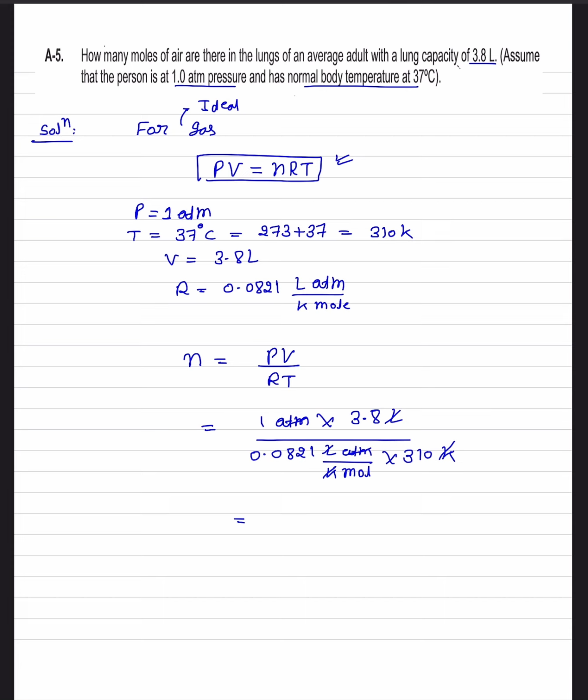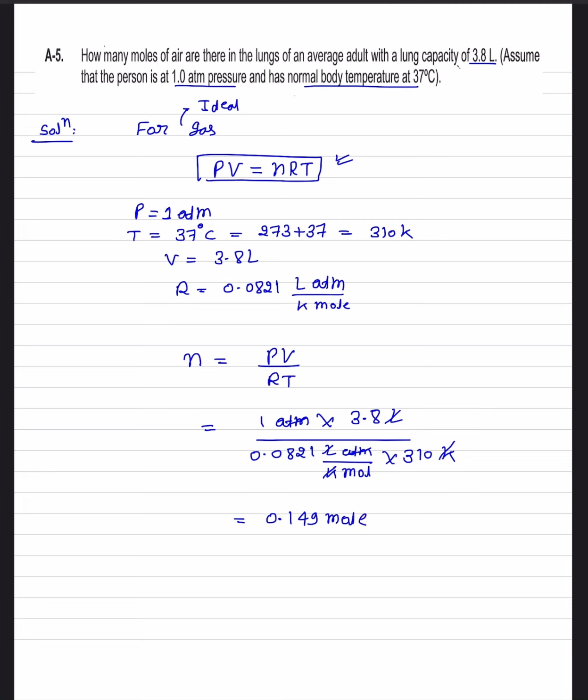So we get the answer in moles. How much is the answer? 3.8 divided by 0.0821 and then divided by 310. So this answer we got is around 0.149 moles. Clear? So that will be the answer.